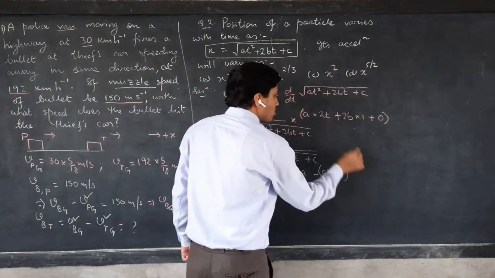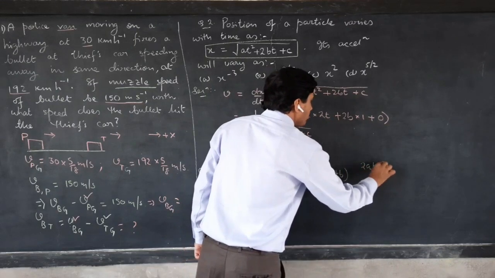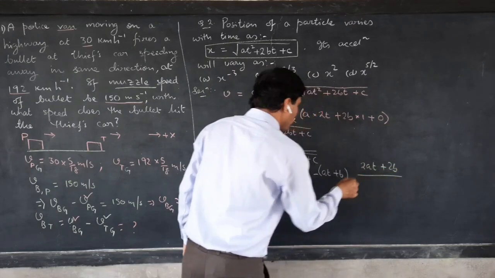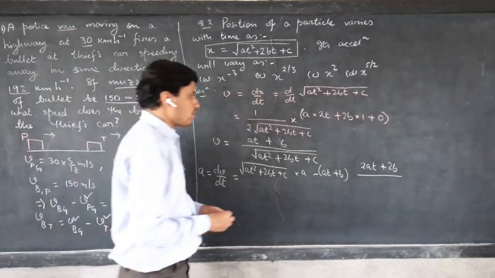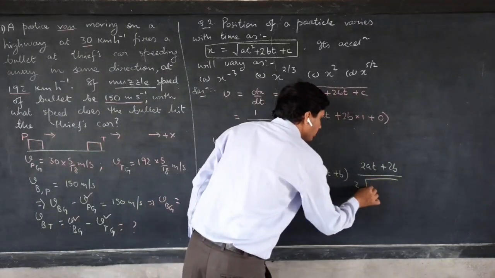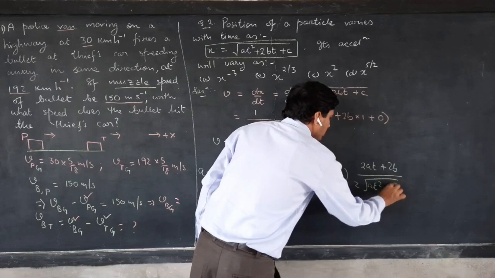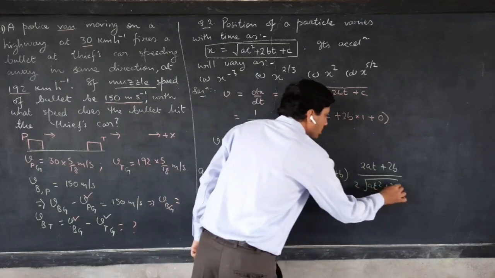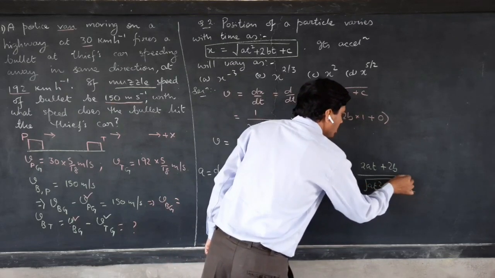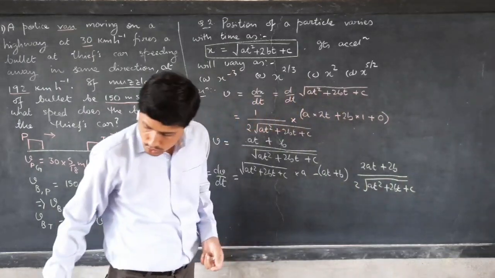That is 2AT plus 2B divided by 2 under root at square plus 2BT plus C. This we have done earlier. Here also we can cancel this factor 2.